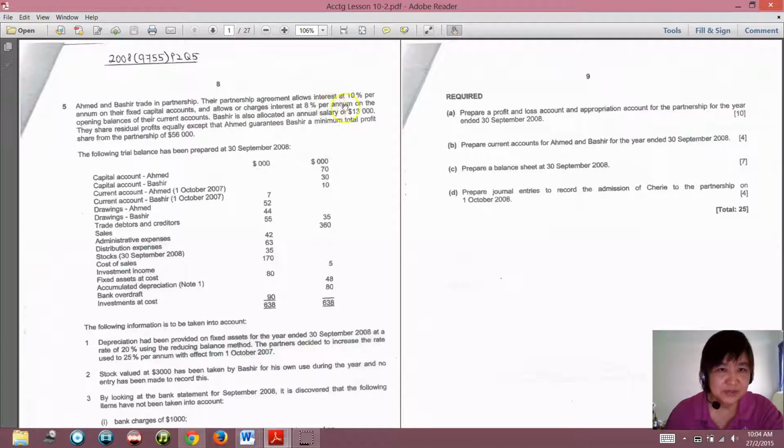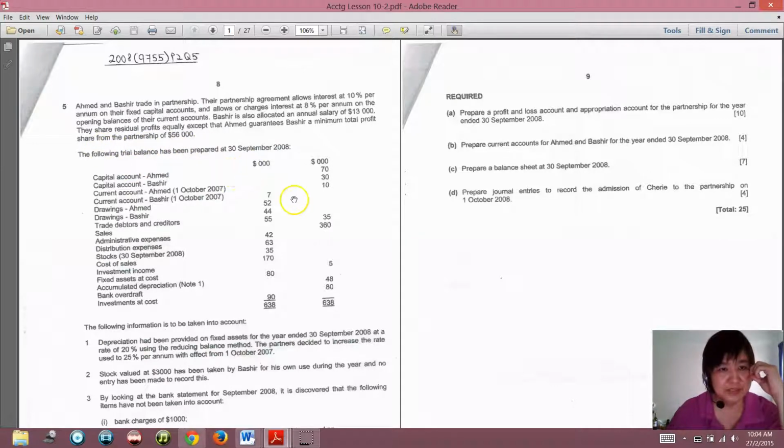The partnership agreement allows interest at 10% per annum on their fixed capital account and allows or charges interest at 8% per annum on the opening balance of their current account. Bashir is also allocated annual salary of 13,000. They share residual profit equally, except Ahmad guarantees Bashir a minimum total profit share from the partnership of 56,000.